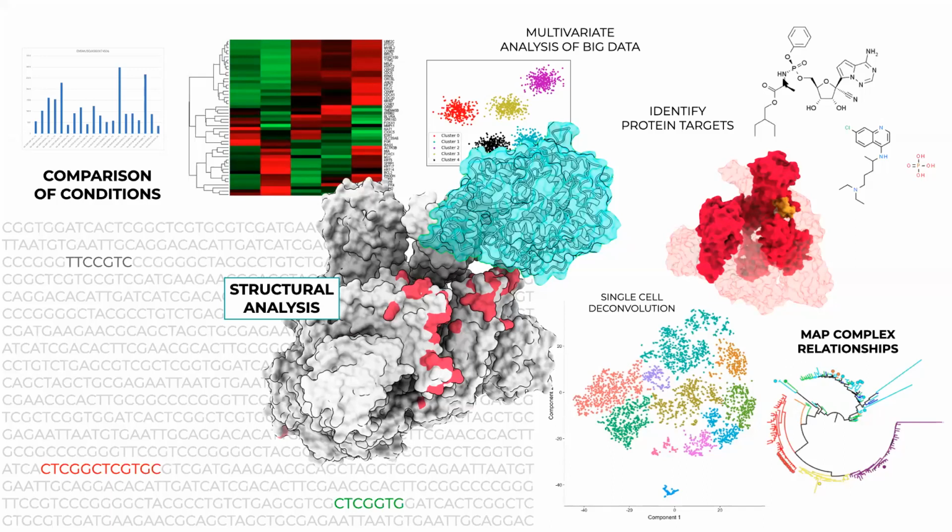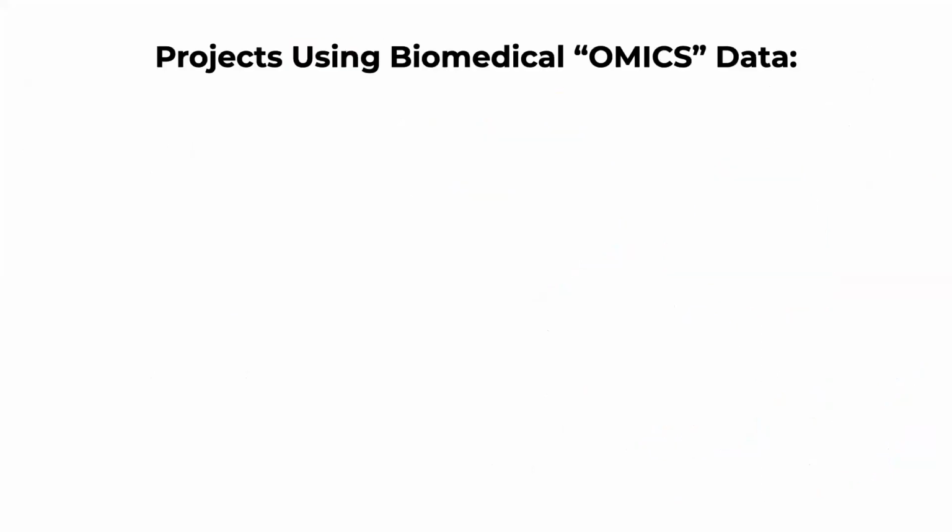Okay, so really the idea here is to learn about complex relationships that are becoming very, very important as we study biology at the subcellular level. Now, to understand all of this, it's not enough to give you some general information about all of these topics.